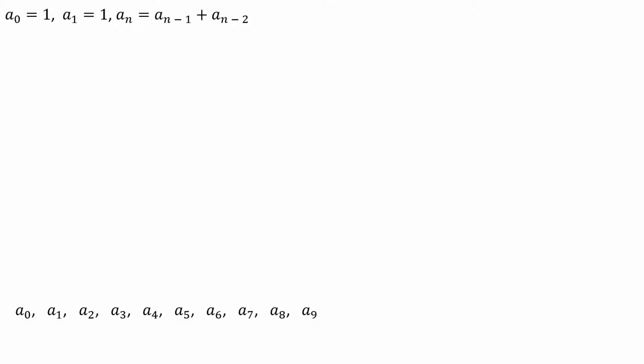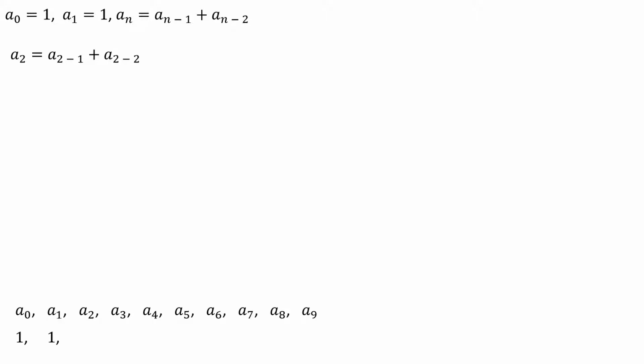Well, we know the very first number in the list, a sub 0, has to be 1. So I know that a sub 0 is 1. Of course, we're also told that a sub 1 is 1. Now, how am I going to figure out a sub 2? Well, if I want a sub 2, I'll have to look at a sub 2 minus 1 plus a sub 2 minus 2.